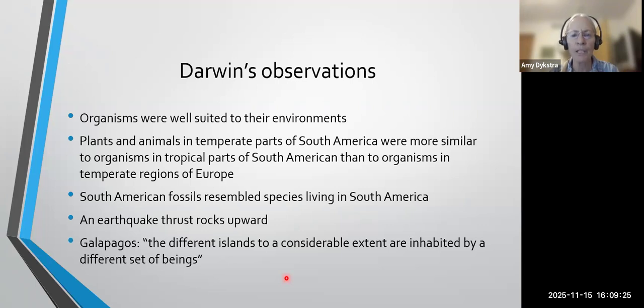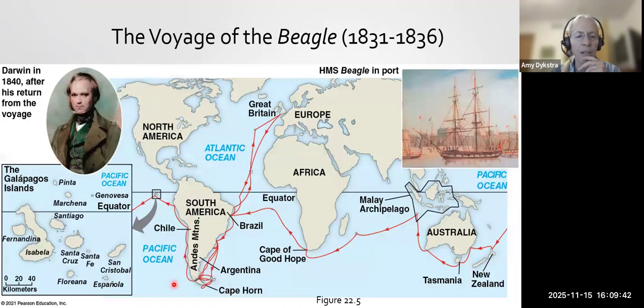But what he observed instead is that organisms are more similar to organisms that they live close to, even if they live in very different parts, in very different climates. So the southern tip of South America is quite temperate. It's much colder. It's a long ways from the equator.